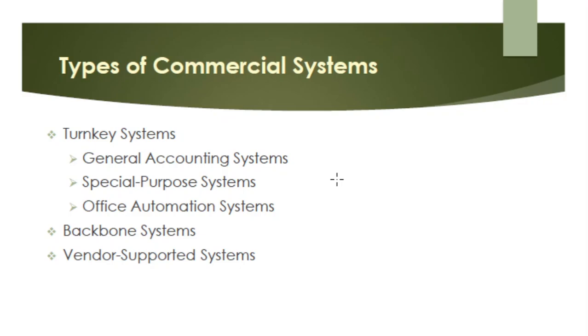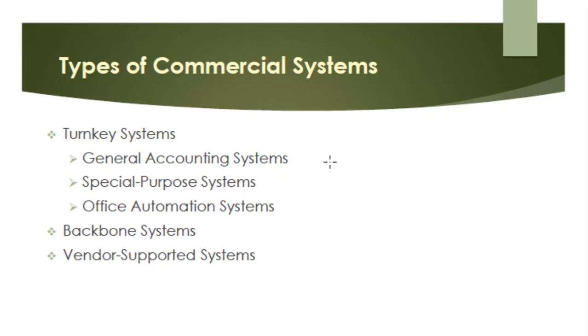Now, one type of turnkey system is the general accounting system, which is designed to serve a wide variety of user needs. By the term itself, general accounting. So by mass producing a standard system, the vendor is able to reduce the unit cost of these systems to a fraction of in-house development costs.